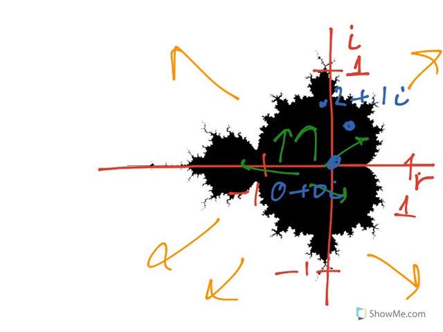That's also colored black. But out here, some number like 1.5 plus 1.3i, that one's colored white. And what is it that determines whether they're colored black or white?